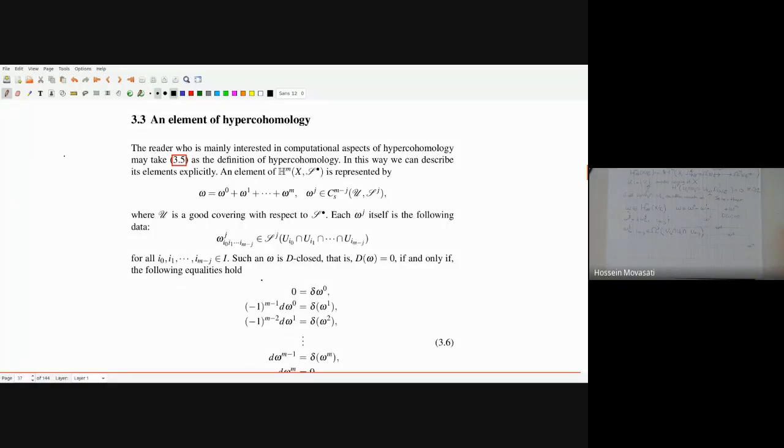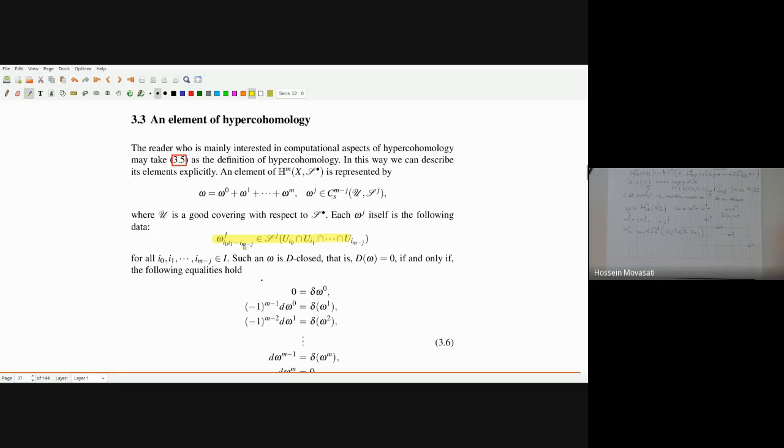As you see, an element of the de Rham cohomology. Here in the text, I have written in the language of abelian sheaves, but all these S^j will be, in our example, the sheaf of differential j-forms. Then this is the algebraic de Rham cohomology. So an element in algebraic de Rham cohomology consists of omega_0, omega_1, ..., omega_m. Then each omega_i is a bunch of combinatorial data.